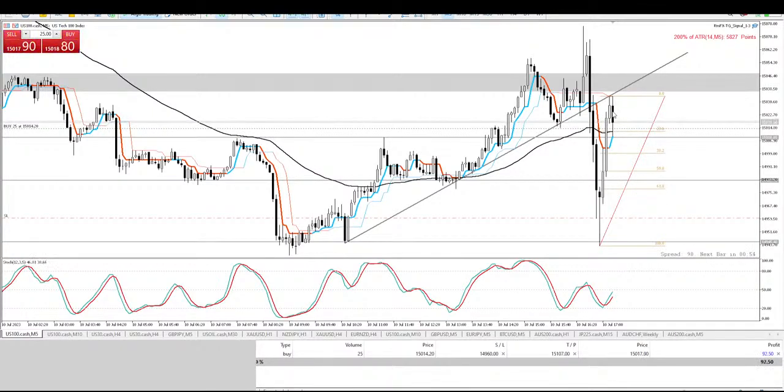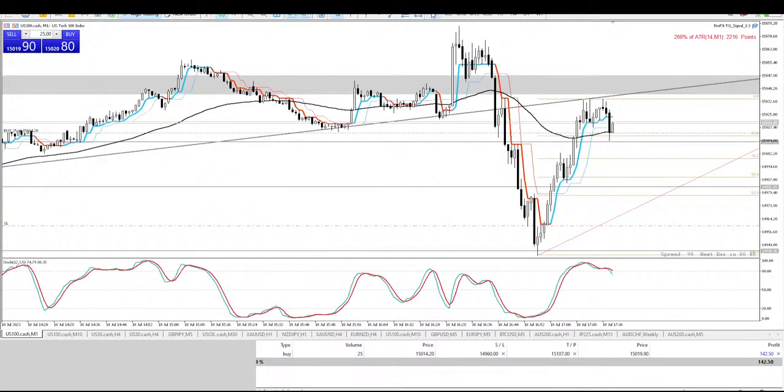But what I like to do is if I take another entry, then I'm reducing my risk as well by moving my stop loss closer up. So right now this isn't a good entry for me if I'm to re-enter. However, if people are still looking for entries, I would say if we do break above here, it could be another entry.